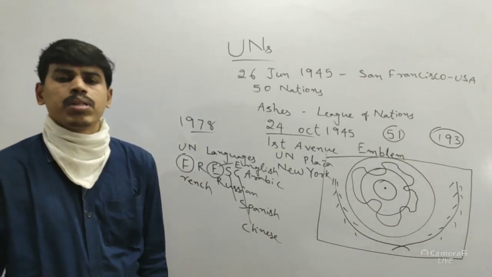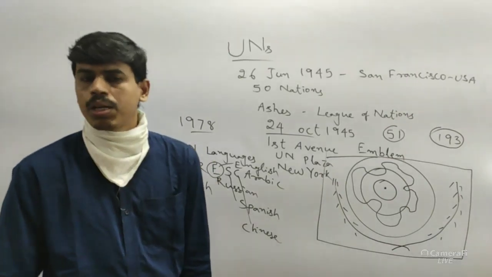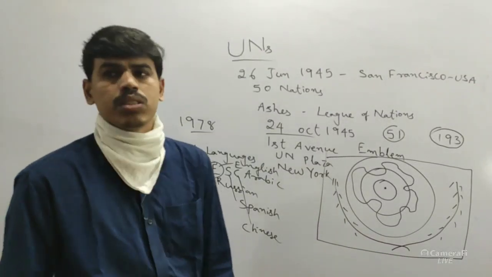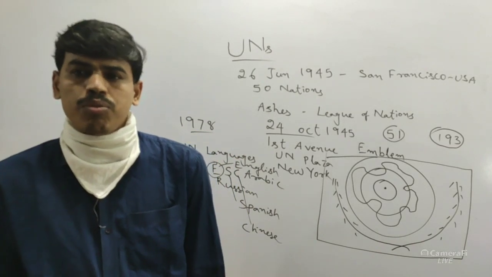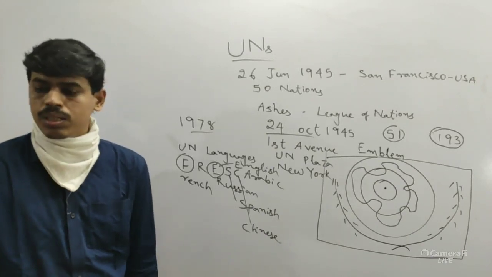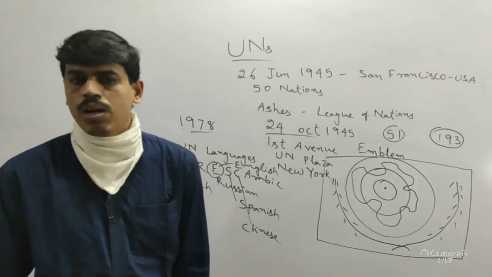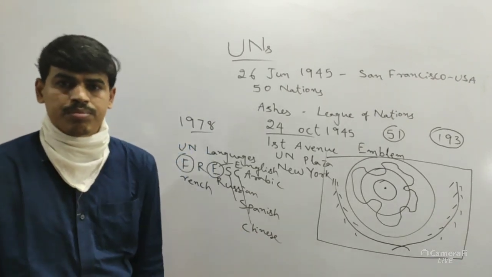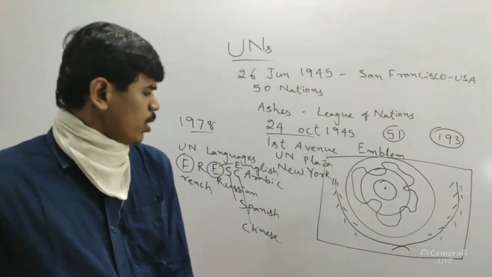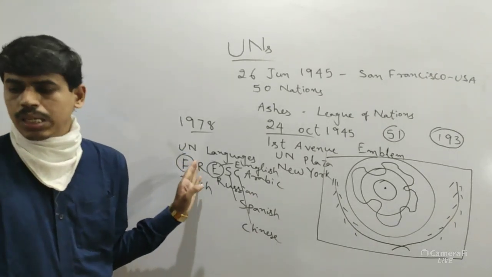At that time, he was the external affairs minister under the Morarji Desai government. He also demanded that Hindi should be an official language. But still, it is not recognized as an official language. There are 6 UN languages.